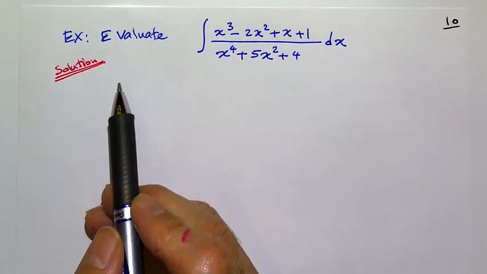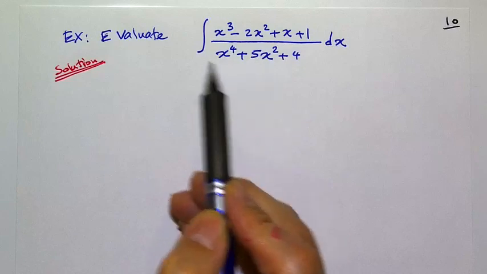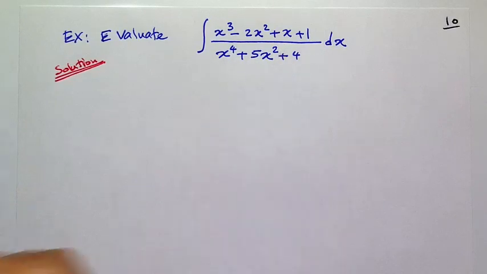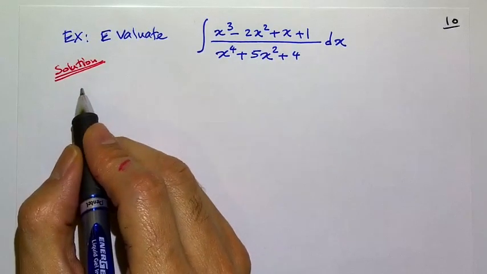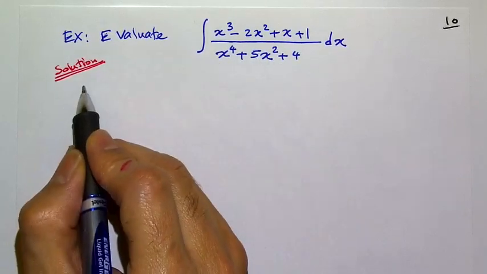So first thing is, when we look at the denominator, we want to factor this. That's the first thing we've done so far, right? So let's do that again. And this is an easy expression to factor.